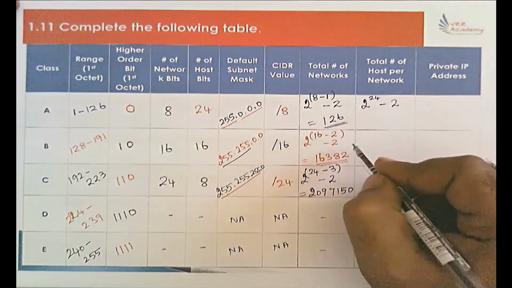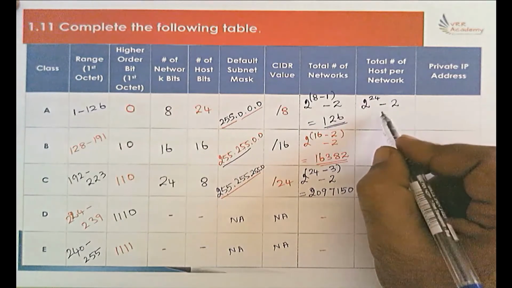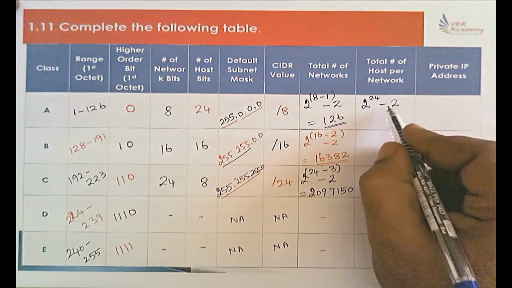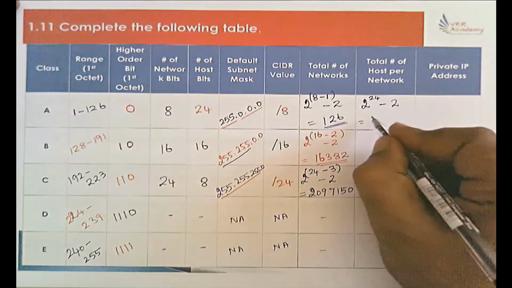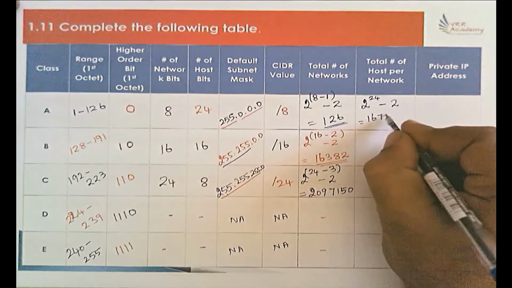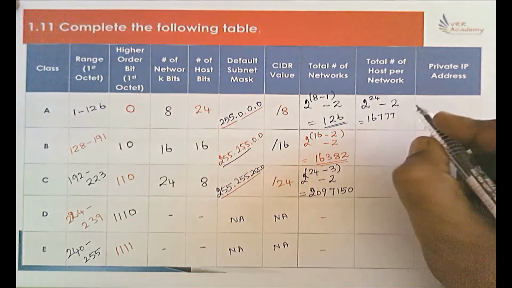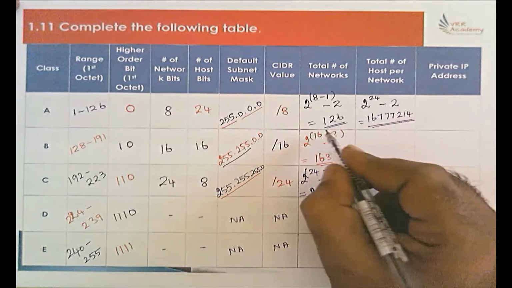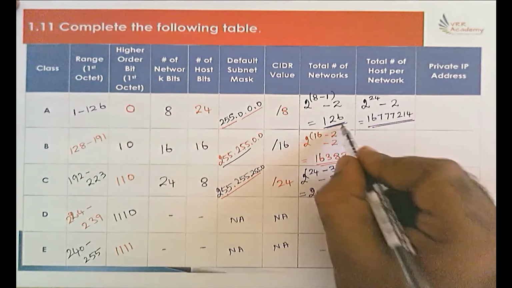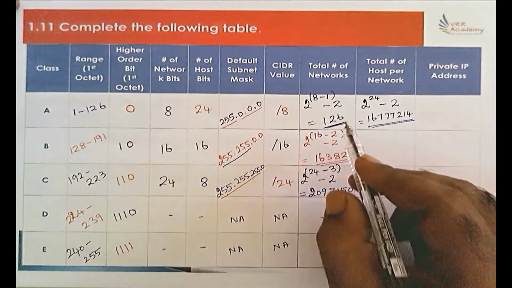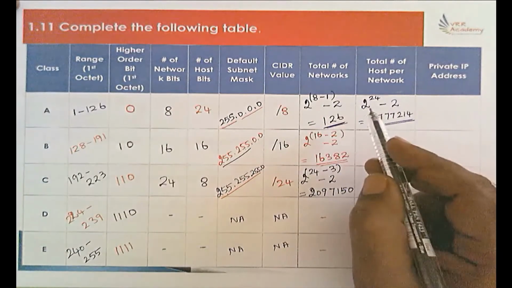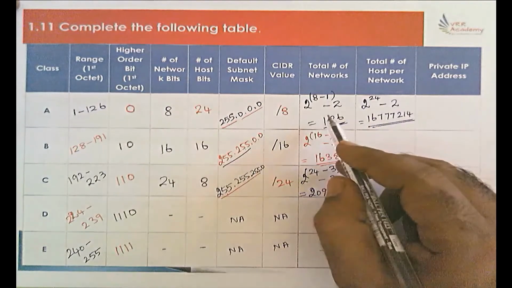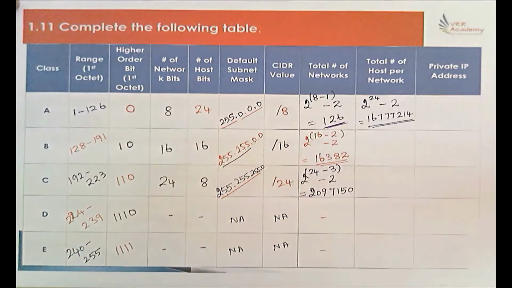You will get the answer while doing subnetting problems. 2 to the power of 24 minus 2 is equal to 16,777,214. That means we have 126 different networks in class A, and in each network you can have 16,777,214 hosts.